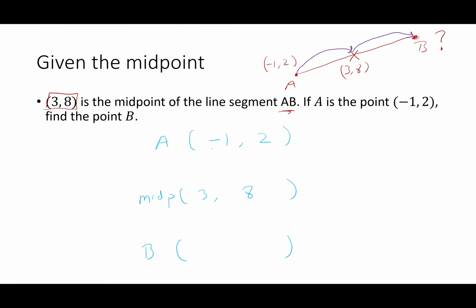So I think, how do I get from -1 to 3? I'm adding 4. And how do I get from 2 to 8? I'm adding 6. It must be the same here. I must add 4, 7. I must do the same here. Add 6, 14. Done.